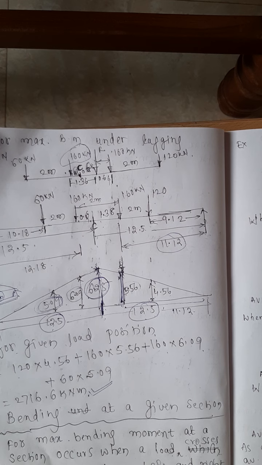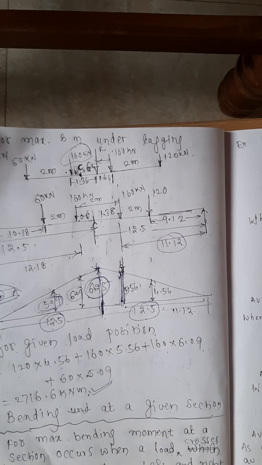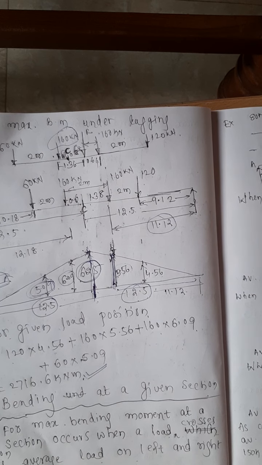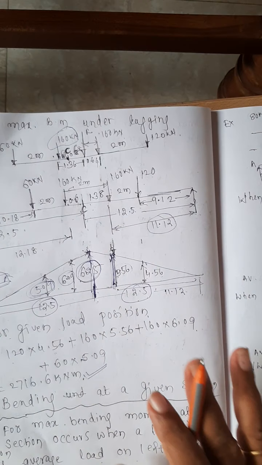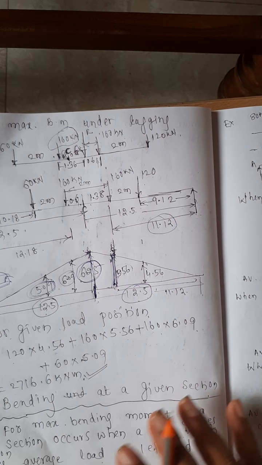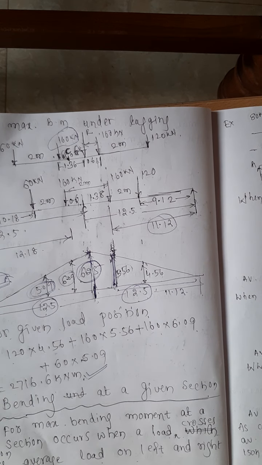rarely asked. One more category of problem which is repeatedly asked is the maximum bending moment at a given section. If earlier the position of the section was not given to you, indirectly, if he has not given it, you need to remember, always the maximum bending moment will occur at the center of the beam.